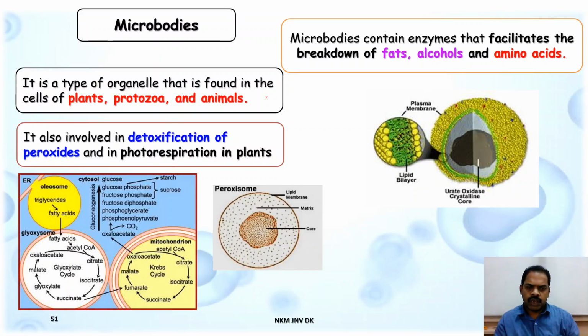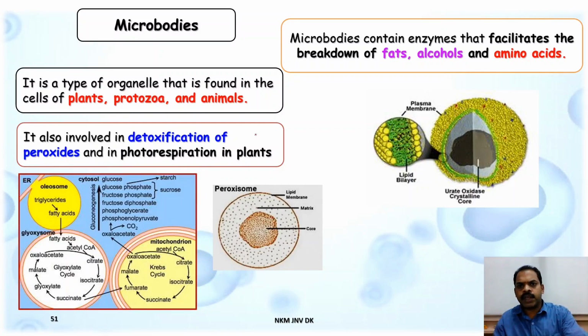Here you can see glyoxysomes. What they do is, fatty acids are utilized in the synthesis of glucose. This is what I told you about the energy producing mechanisms, and in all these areas they function. So peroxisomes are there, glyoxysomes are there.